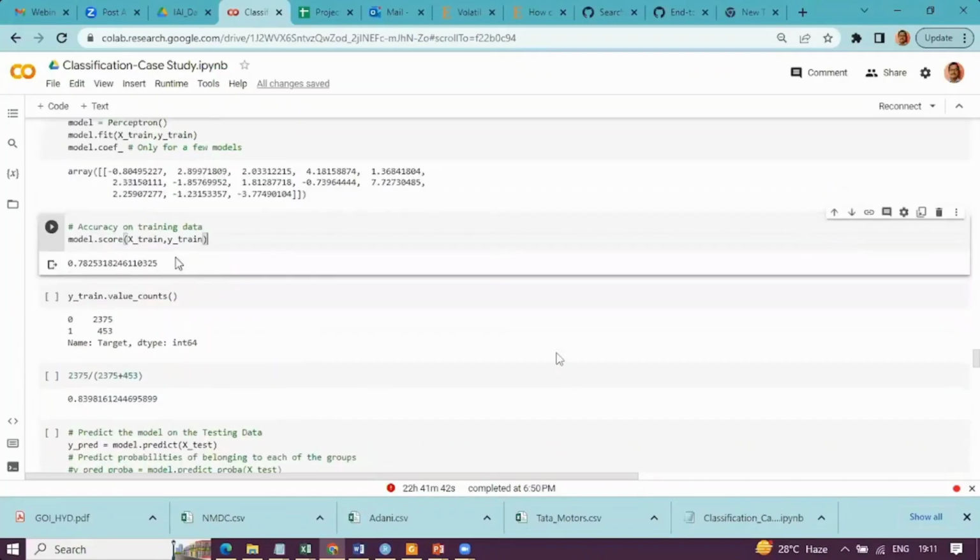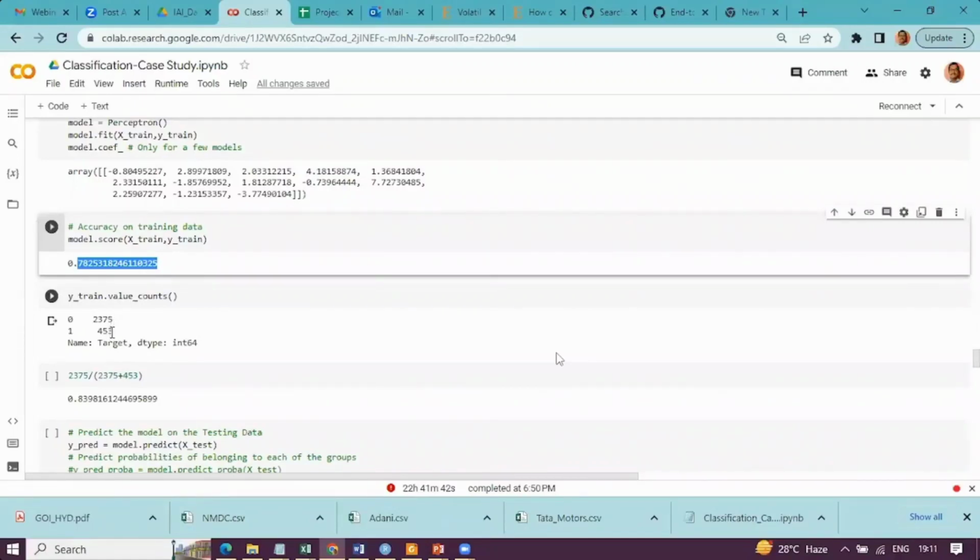Now, how do I assess that? Probably compare the model score, which is actually called the accuracy score of the training data, with the default accuracy that can come up. How do I get the default accuracy?